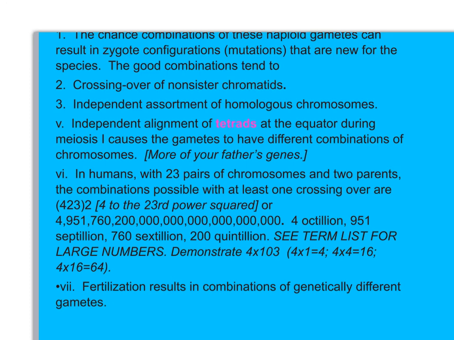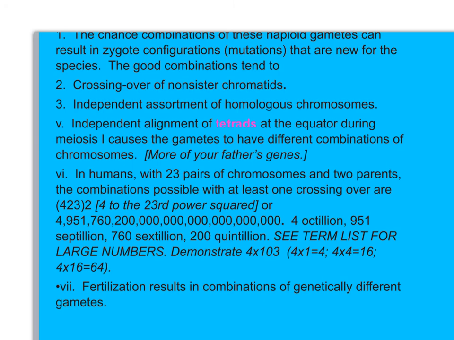If you look at the math of this, in humans specifically, and different animals and plants have different numbers of chromosomes, but in humans you have 23 pairs of chromosomes, and then you have two parents. The combinations possible with one crossing over, this is just one crossing over. This is not counting both parents, because when you make the egg, crossing over happens, and when you make a sperm, crossing over happens.